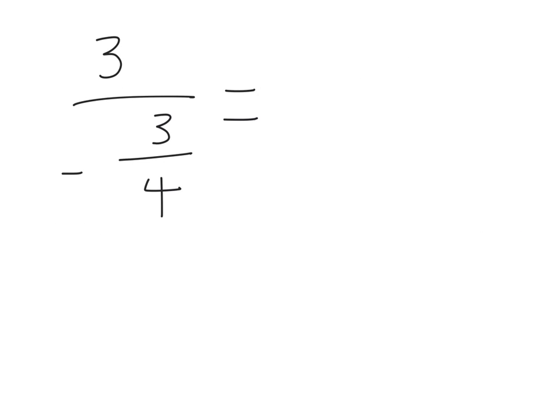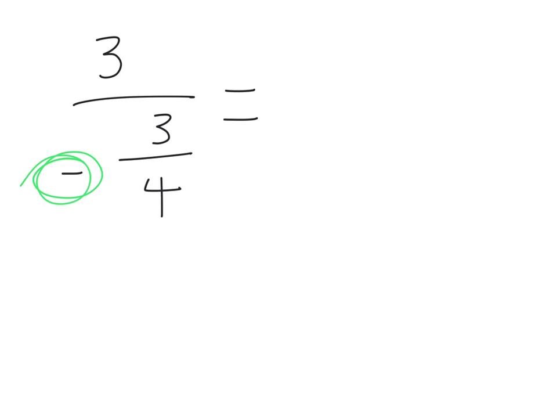We already know the sign is positive. We have another example here. We have 3 divided by negative 3 over 4. And so we can work that out. We know we just have one negative sign here, so we're going to have a negative answer.